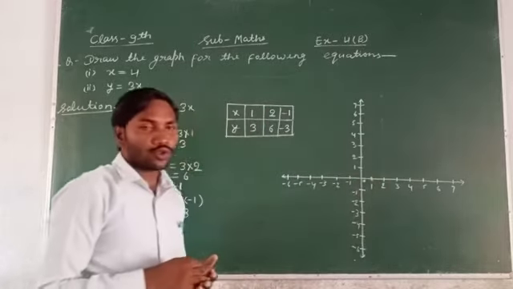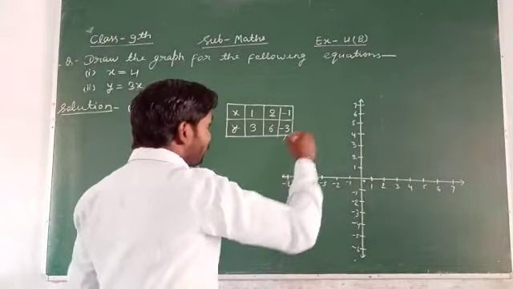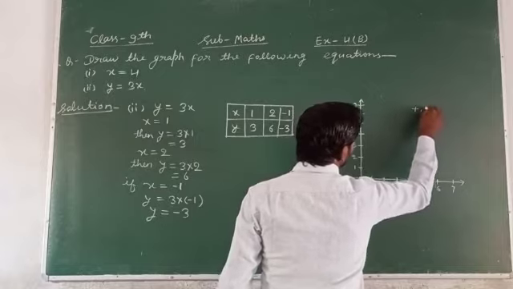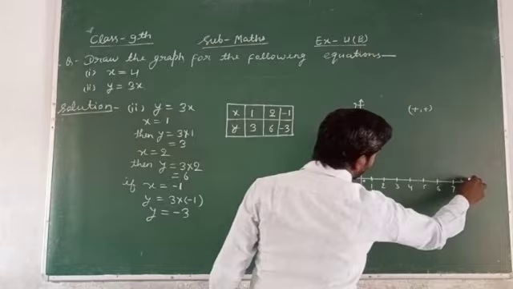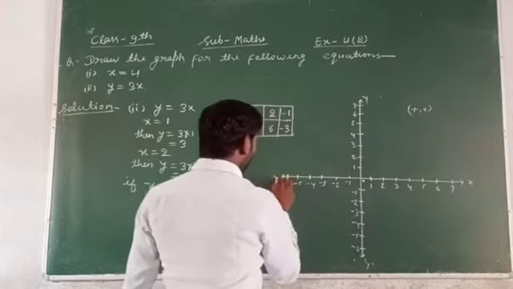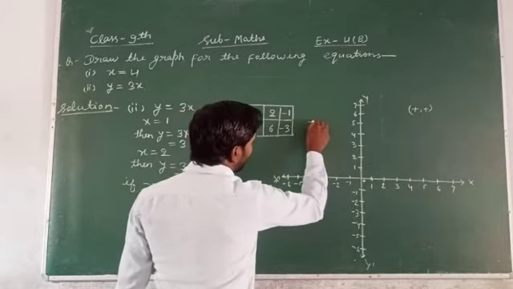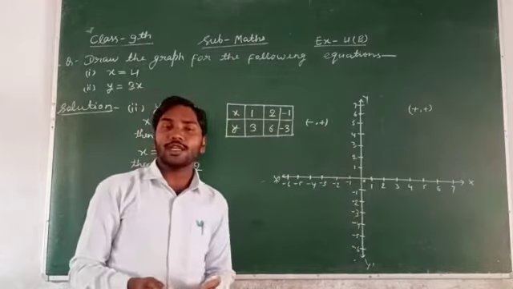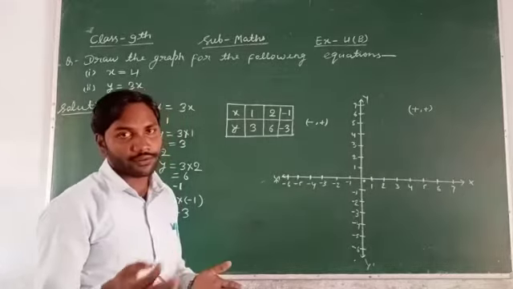So we should know that if both values are positive, that will be in this part. This part is plus plus. Both values are positive because x is positive and y is also positive. In this one, it will be minus plus because in plotting coordinates, first of all we put the value of x and after that y.